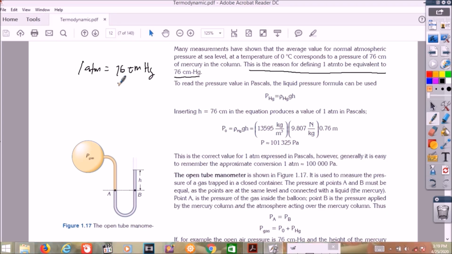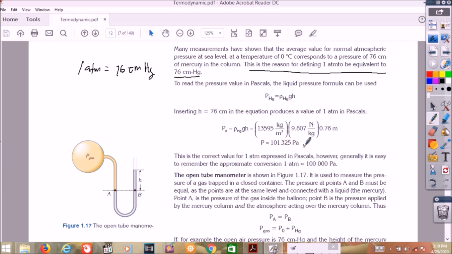If you substitute the numbers into P equals rho Hg times g times h, since this is a static fluid, with rho of mercury, the gravitational acceleration on Earth, and the height of mercury, 76 centimeters or 0.76 meter, you get this complicated number, 101,325 Pascal.